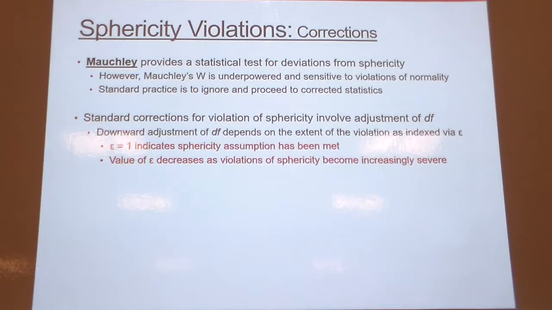So if I have, say, 50 degrees of freedom, and I get a correction for that statistic, and I now am estimating this at degrees of freedom equal to 34.6, what did that downward adjustment to my degrees of freedom just do to my test of significance? What do you think, Angela? What's that?